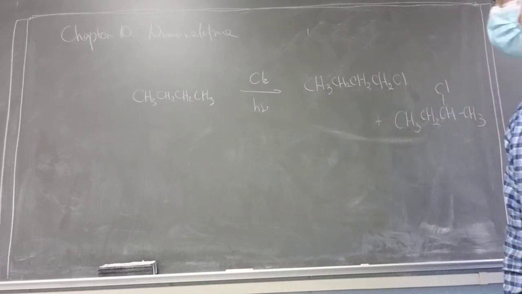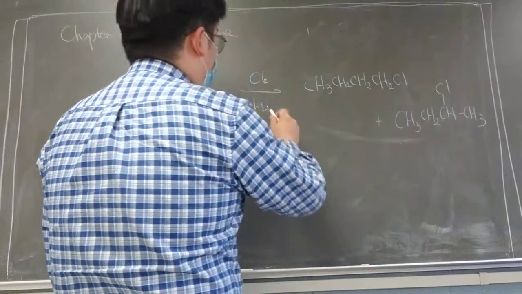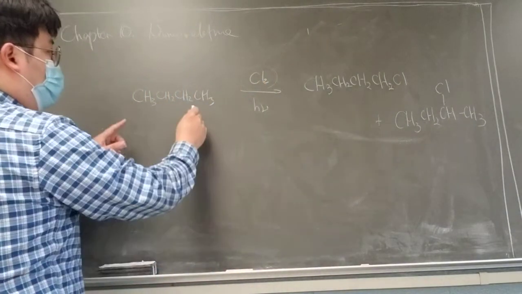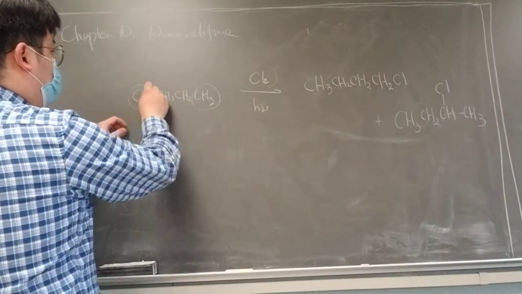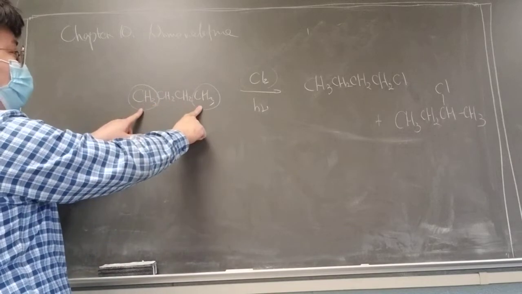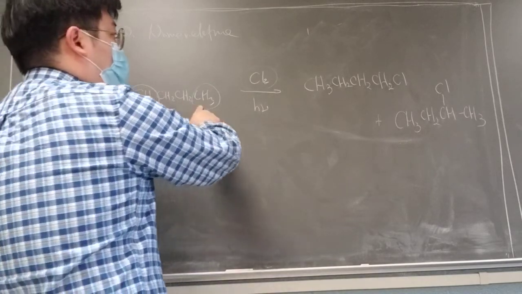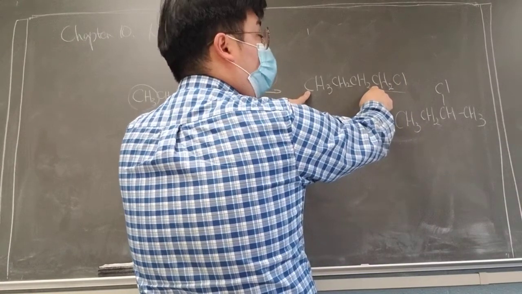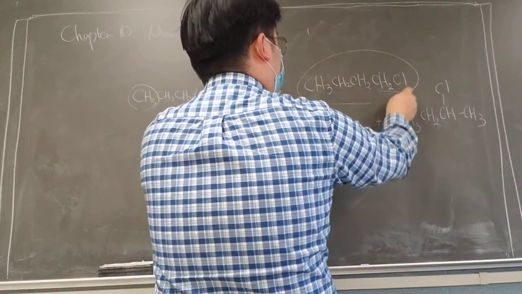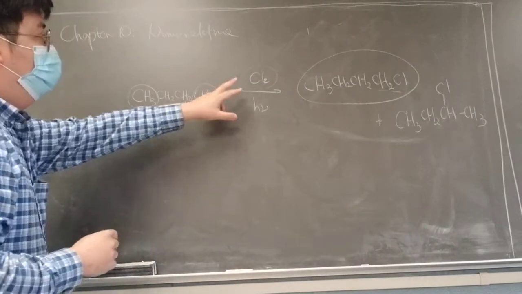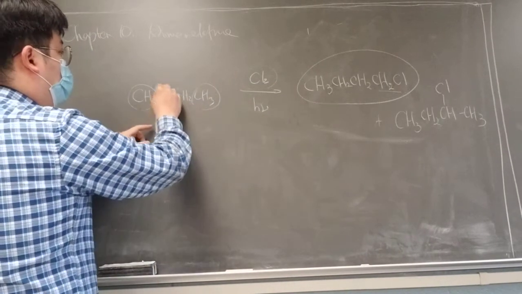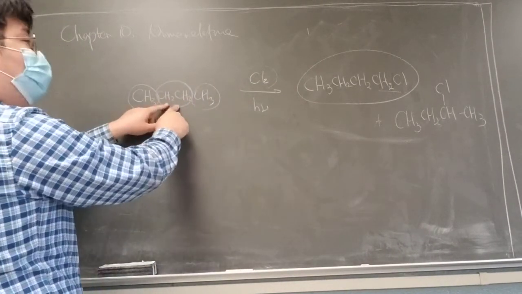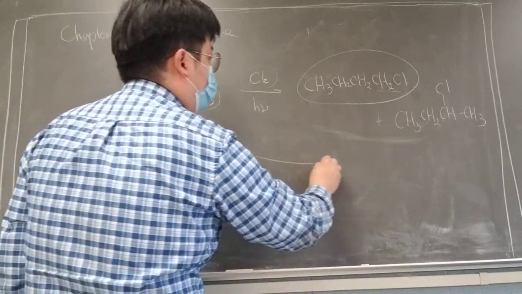As you can see, there are two terminal positions, where you can find the two carbons at the end. If the chlorine bonds to either one of the terminal carbons, it will form this product. If this chlorine bonds to an internal carbon, that will become this one.